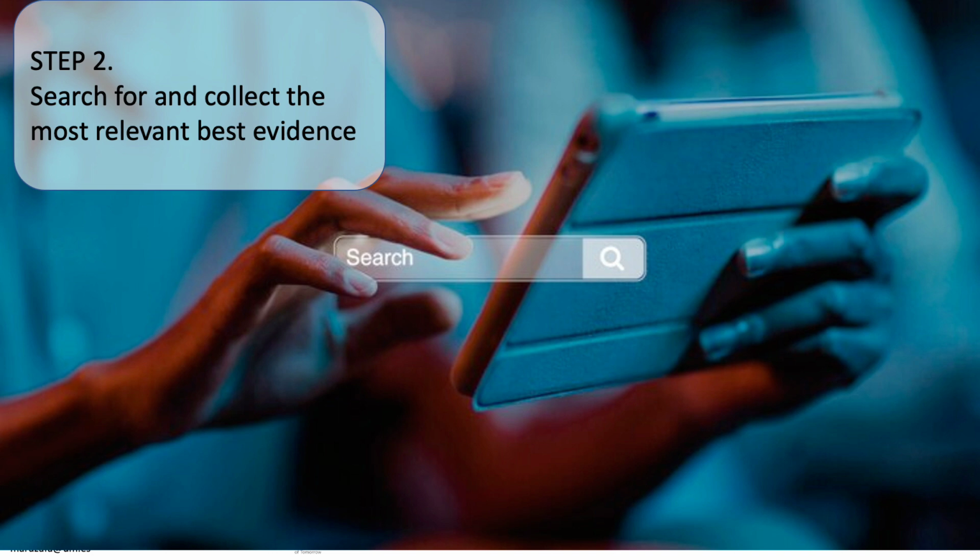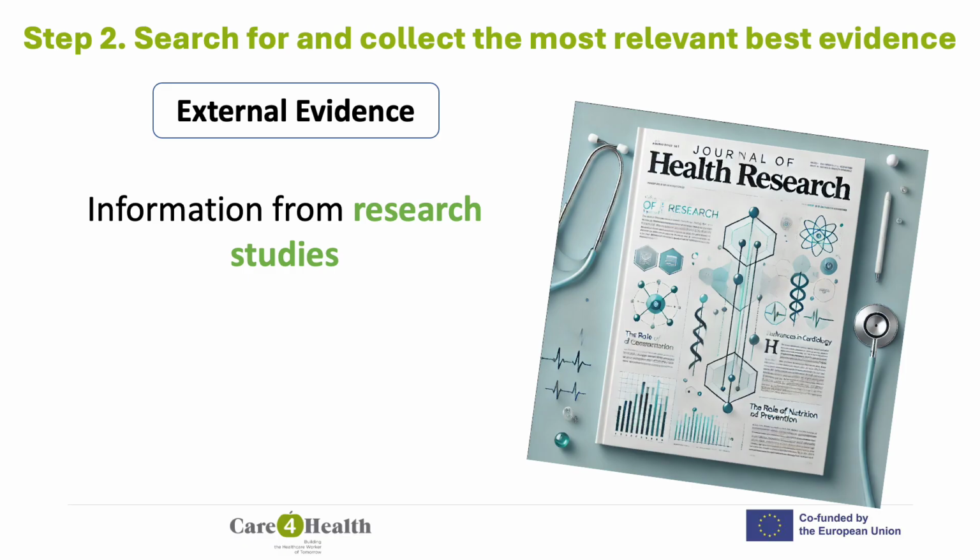To understand what external scientific evidence is and how to access it, first you need to know that external evidence is information from research studies, especially studies conducted within the framework of patient-centered clinical research, the purpose of which is to generalize and use the results in different clinical settings.